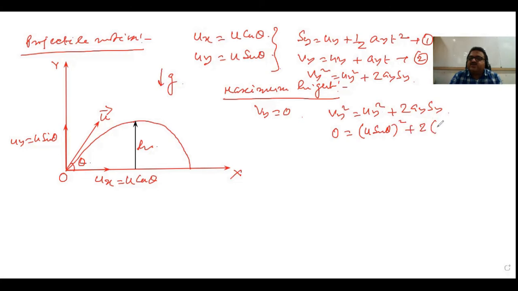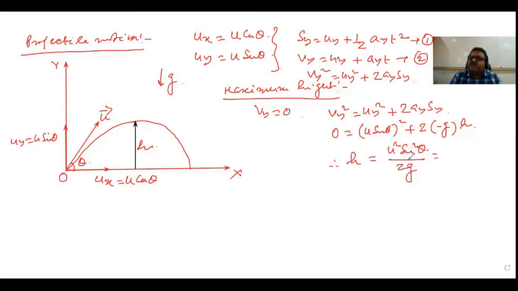So what you have to write, this is minus g. And Sy is what? Vertical displacement. Look, it is above the level of throw. So it is also positive. So if I simplify this, the result is coming h is equal to u square sine square theta by 2g.